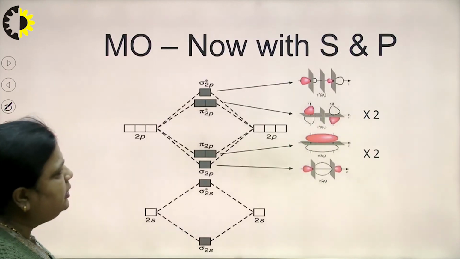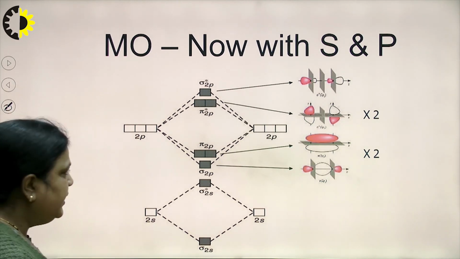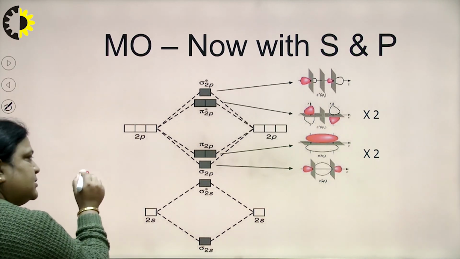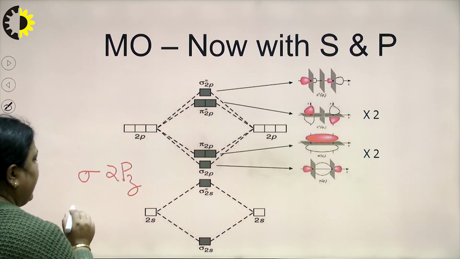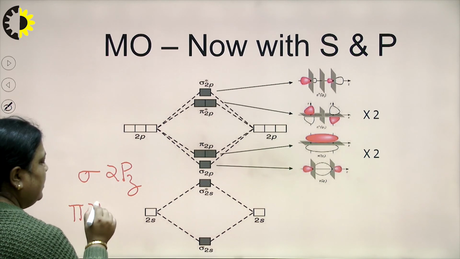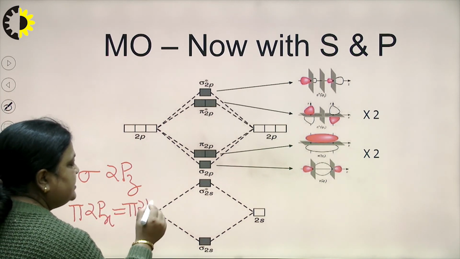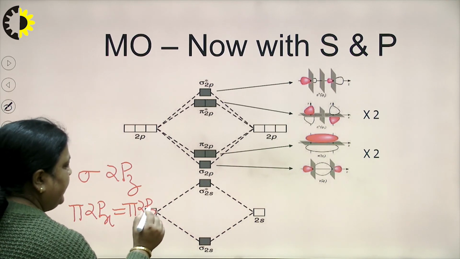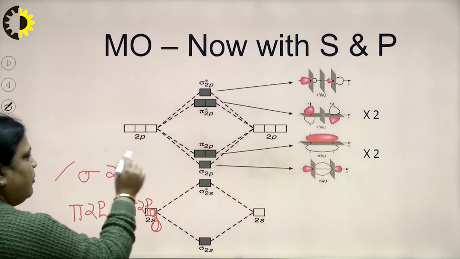So, when we draw the diagram of p, we first write sigma 2pz and then pi 2px and pi 2py. Since Px and Py have the same energy, we write them together. These three are bonding.